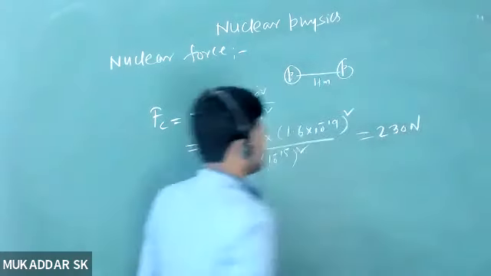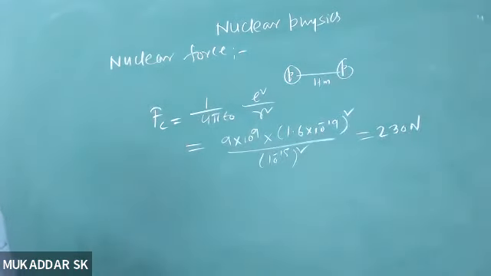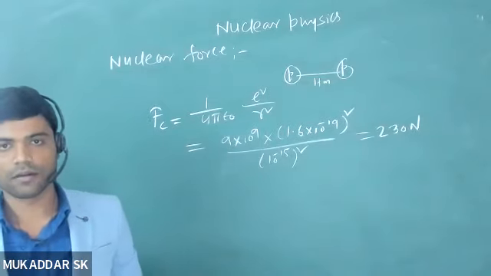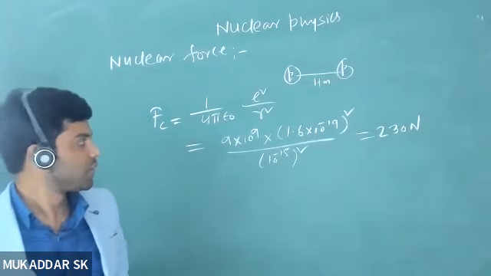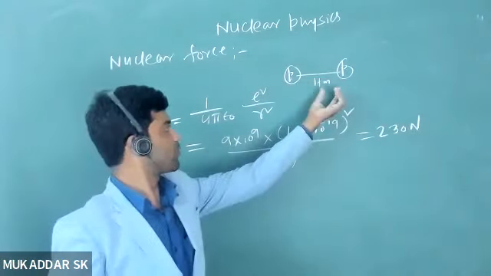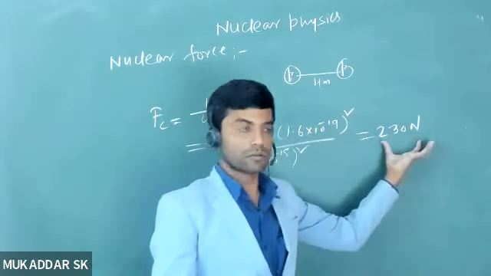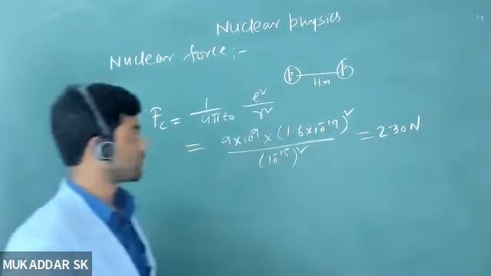Can you imagine? You have two light particles. Mass कितना है दो प्रोटॉन की? 10 to the power minus 27, right? Two light particles, when they are at a close distance of the order of femtometer, there's a huge amount of force, 230 Newton. Can you imagine?